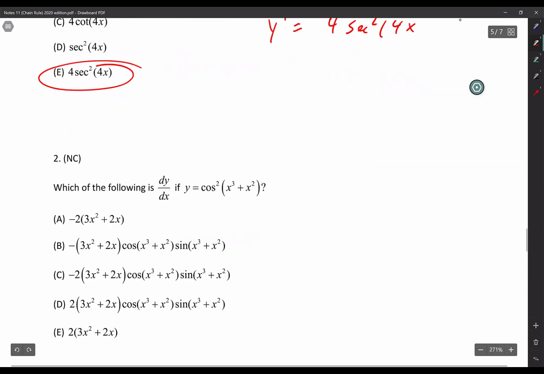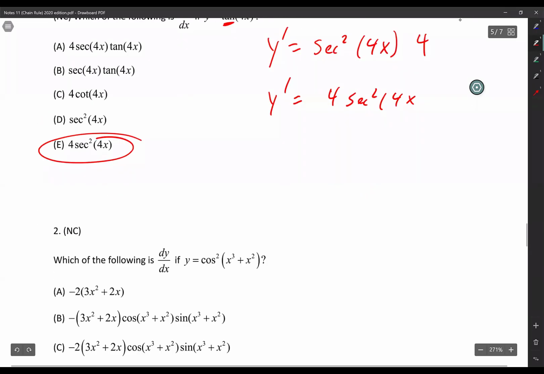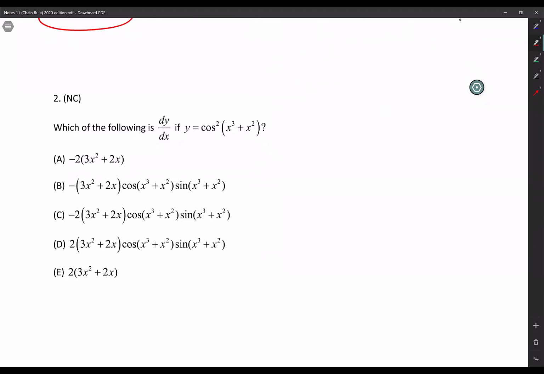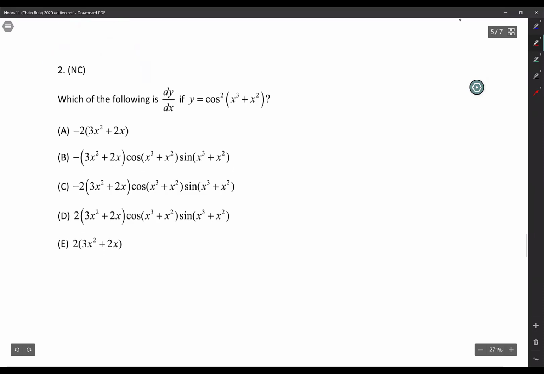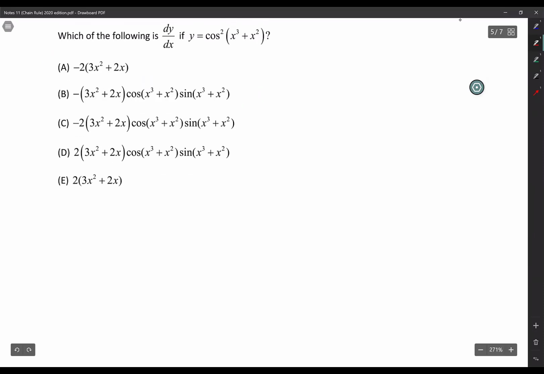Okay, I guess. All right, take another 2 minutes. See if you can do question 2. Should I start it? All right, guys, I'm going to go ahead and start it. First thing you gotta do, you gotta rewrite it. Unless you already see it, but I would rewrite it.